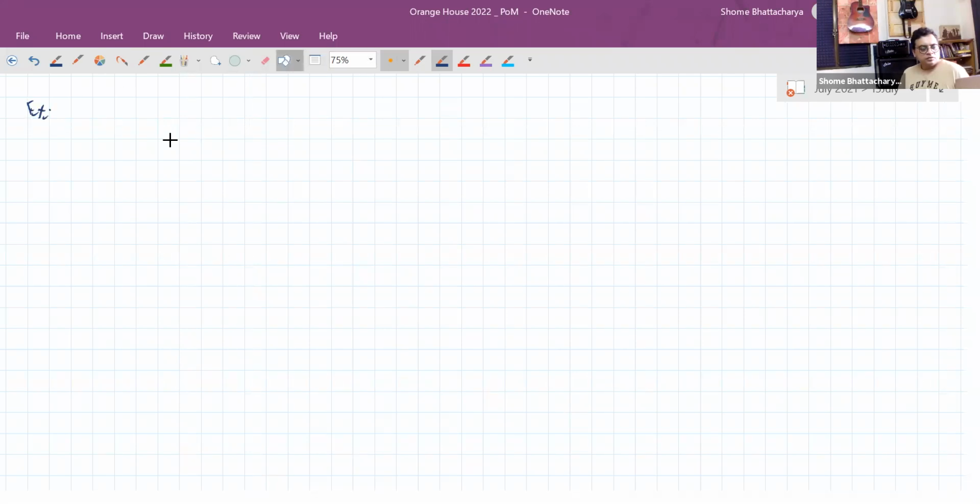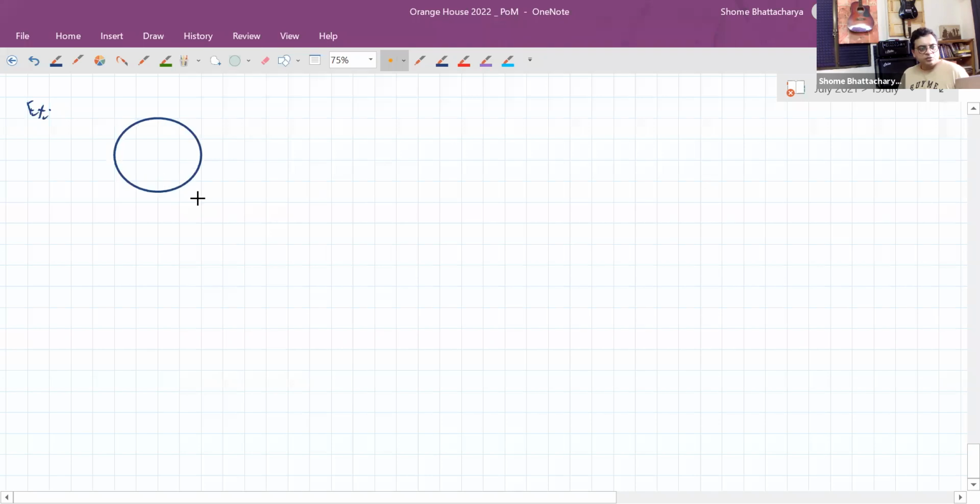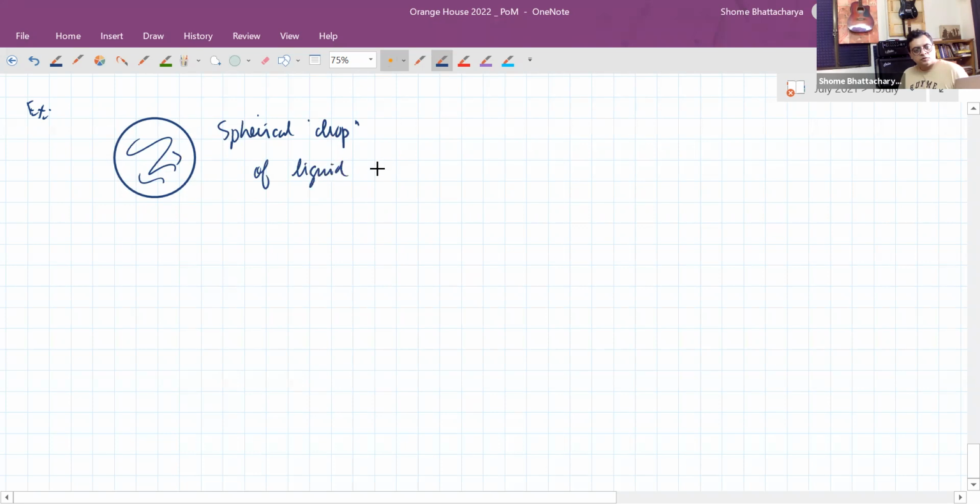We have a spherical drop of liquid of surface tension T and radius R, of surface tension equal to, let us say, 50 millinewtons per meter, and radius equal to, let us say, 5 millimeters.